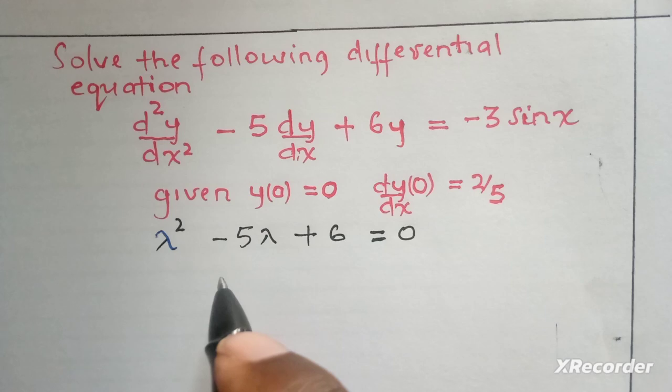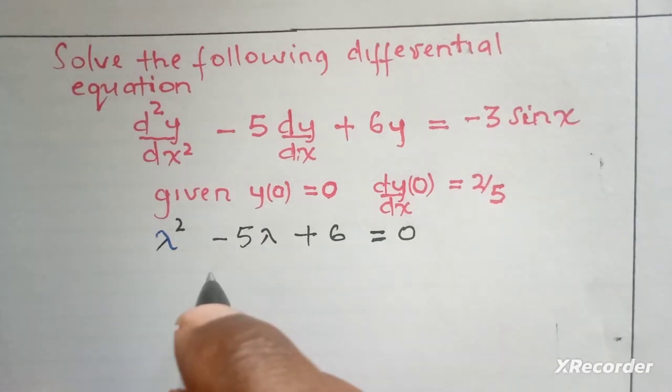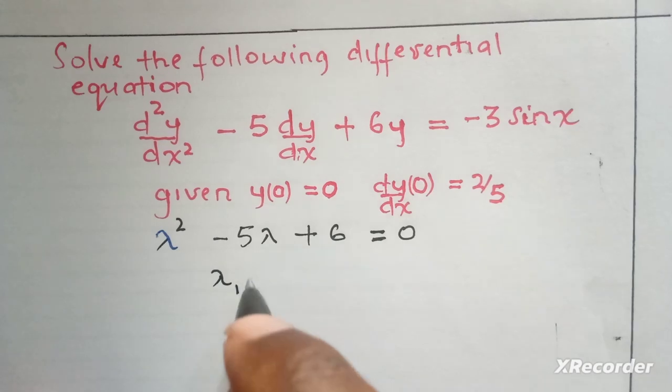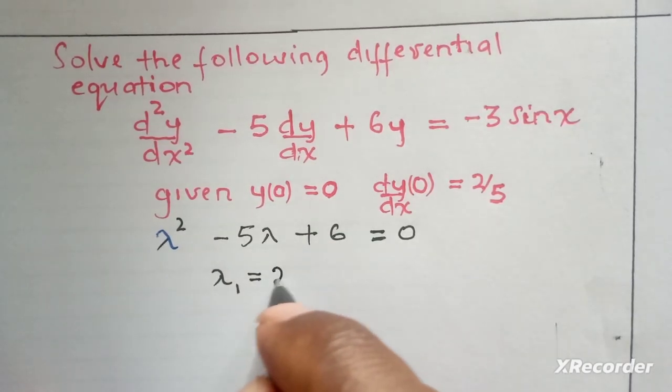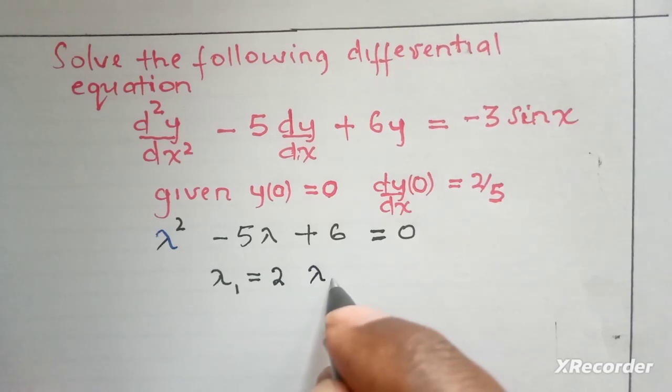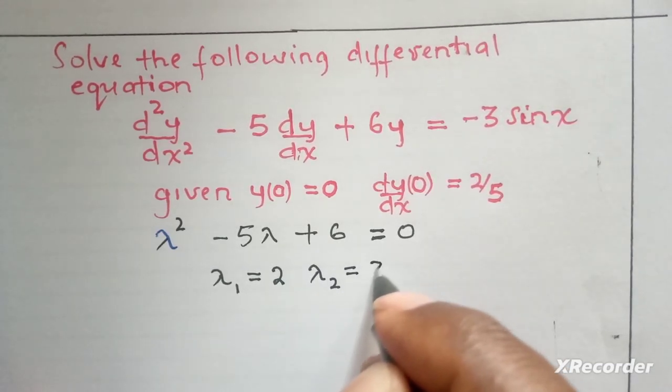Since guys you have done a lot of quadratic equations, I can go direct to the answer. Lambda 1, when you solve this quadratic equation, will be equal to 2. Lambda 2, that is root 2, is going to be 3.